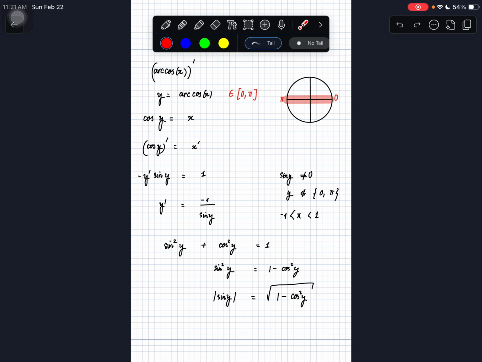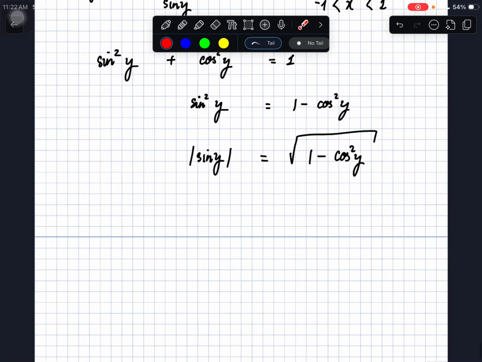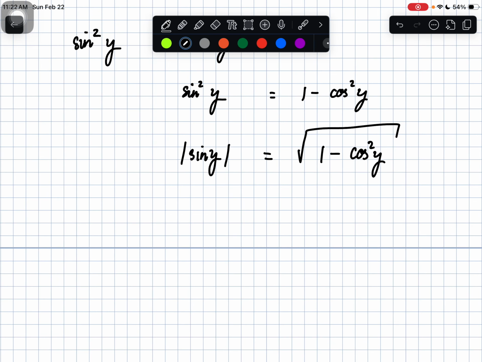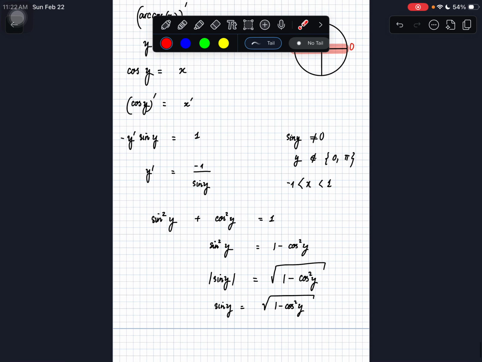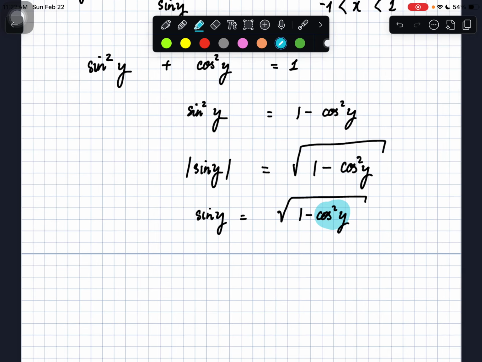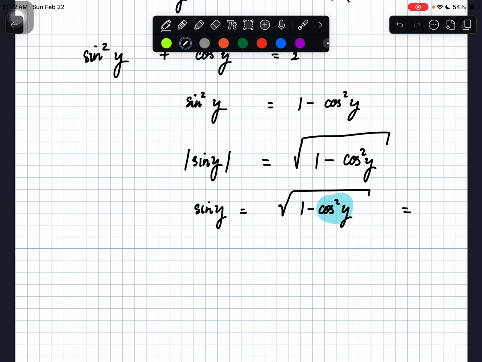So sine of y is this vertical line. This is the axis for sine of y, which is always positive in this case. Therefore, you can remove the absolute value. Sine of y equals square root of 1 minus cosine squared of y, and cosine of y equals x, so this is square root of 1 minus x squared.